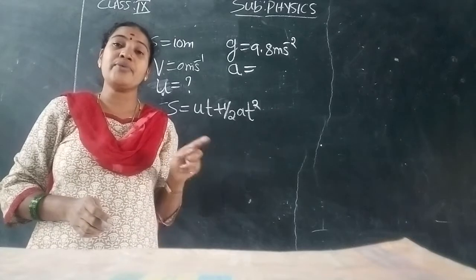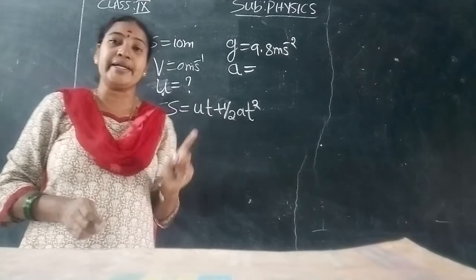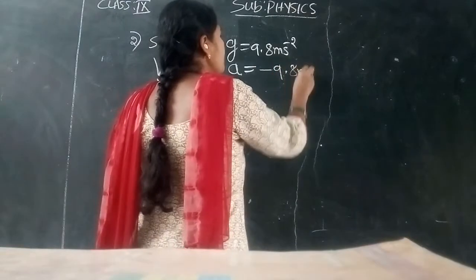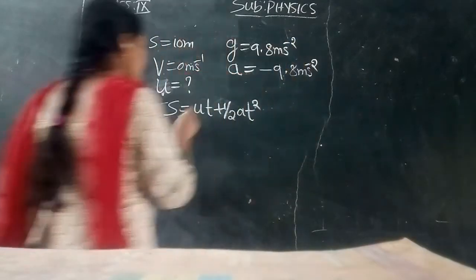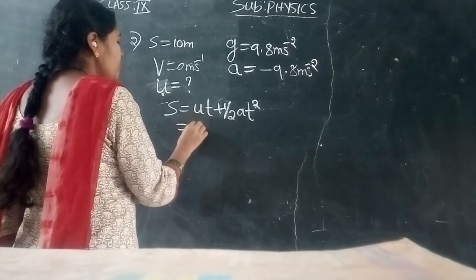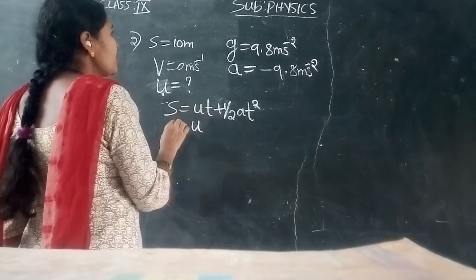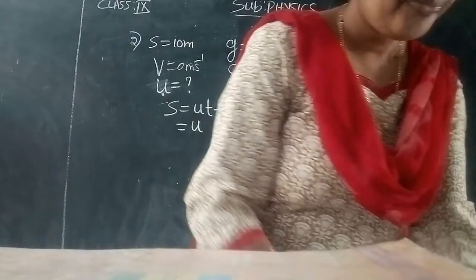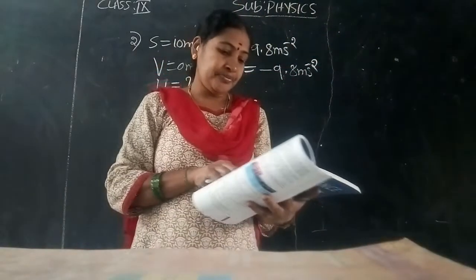So here we have to consider a as negative. So a will be minus 9.8 m s to the power of minus 2. Let me substitute here. u we don't know, so write u as it is. What is the time they have given? Let me consider what time they have given.